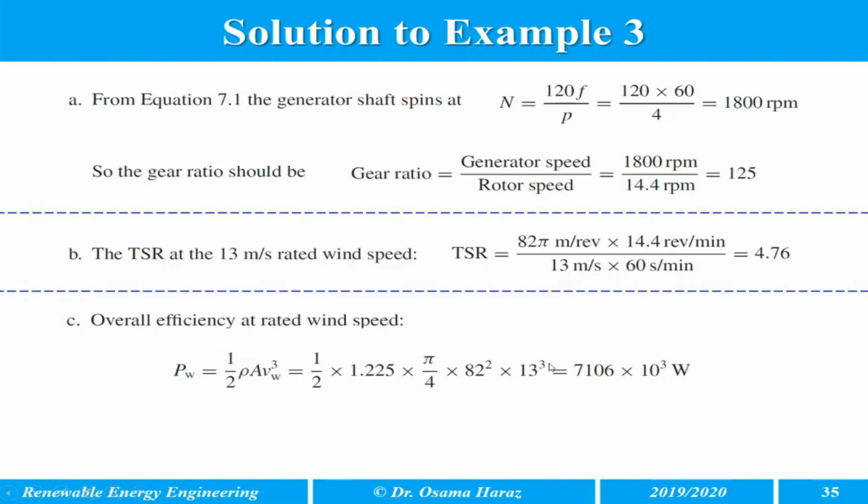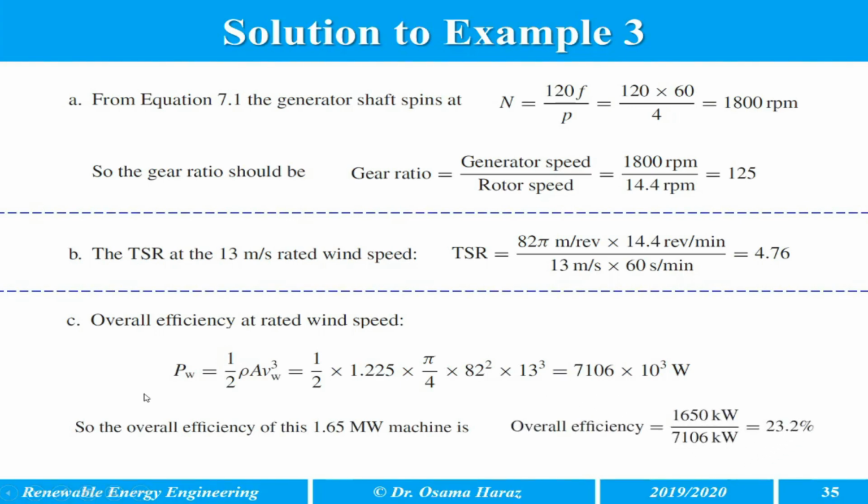You end up with 7,106 times 10 to the power 3 watt. This is the wind power. So for the overall efficiency of this 1.65 megawatt machine, you divide 1.65 megawatt over 7.1 megawatt, and you end up with 23.2%.